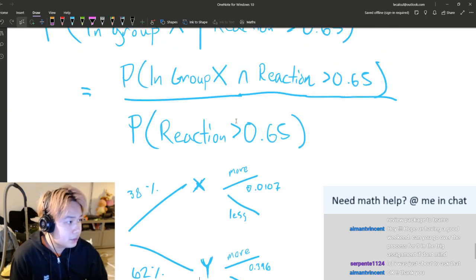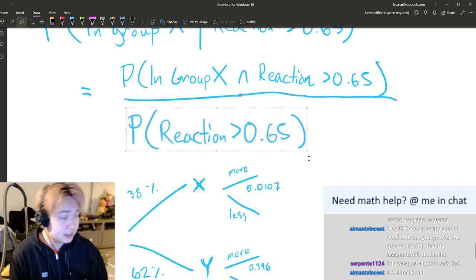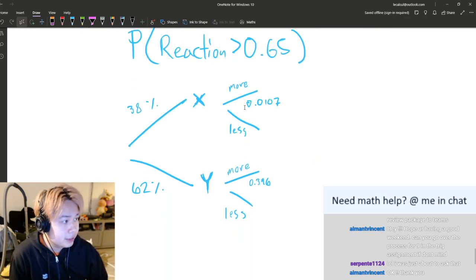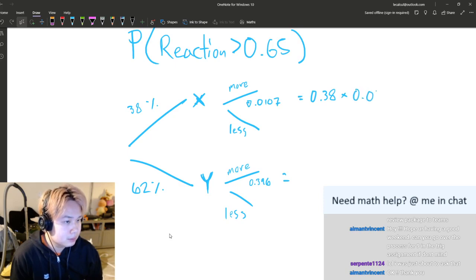So to find out the parts of these, to have a reaction time greater than 0.65, well, you're either in the group X and you're slower, or you're in group Y and you're also slower. So first we need to find out each one of these probabilities. So that's 38% times being slower. And over here, it's 62% and the reaction time for that group.